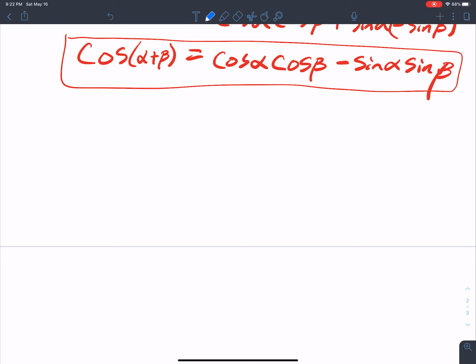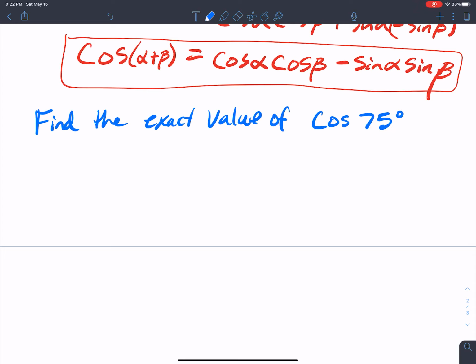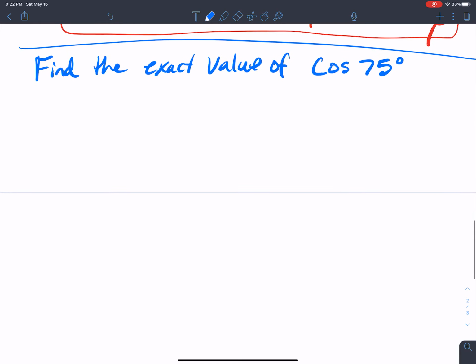We'll do 2. So first one, find the exact value of cosine 75 degrees.